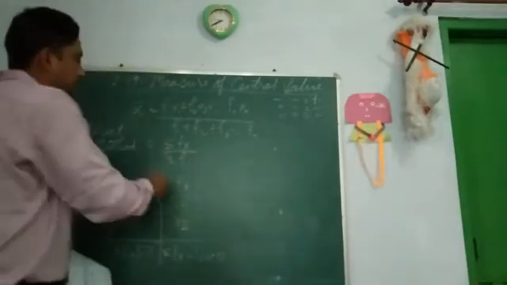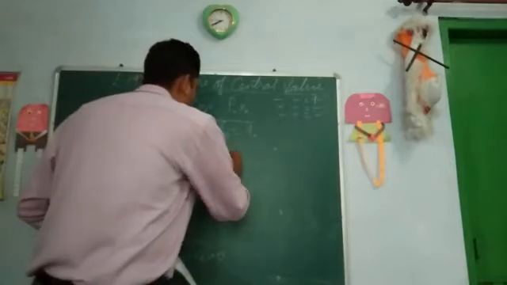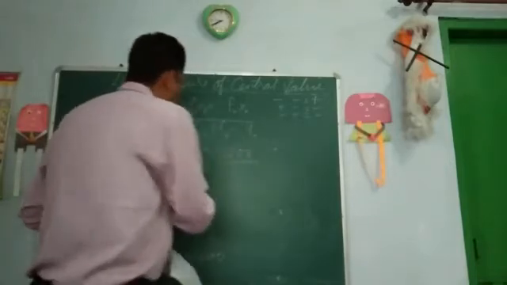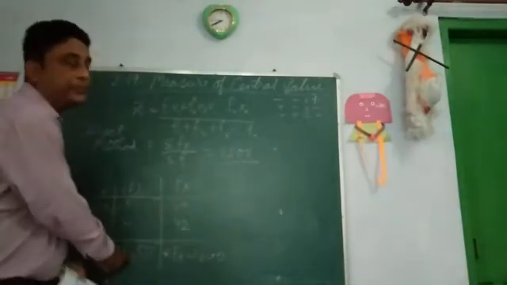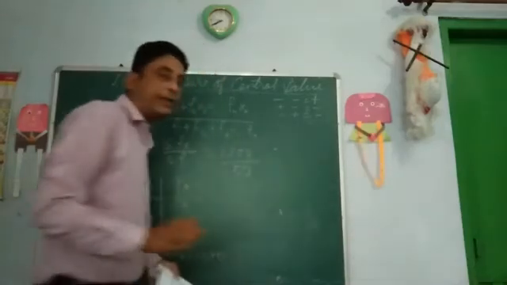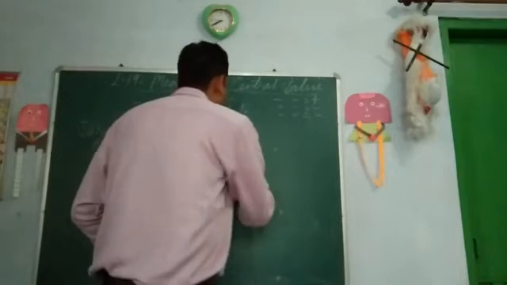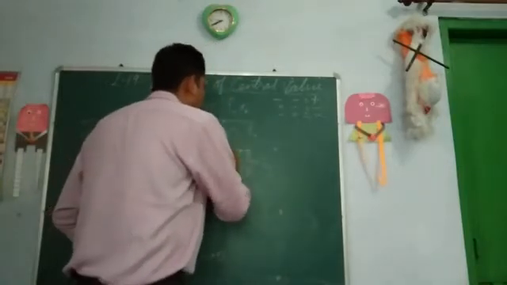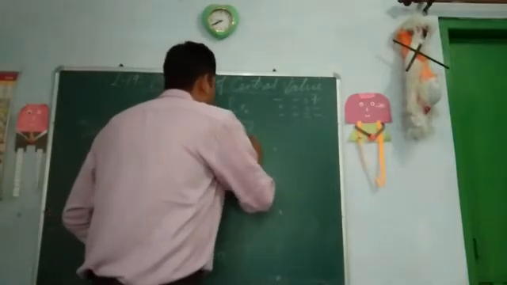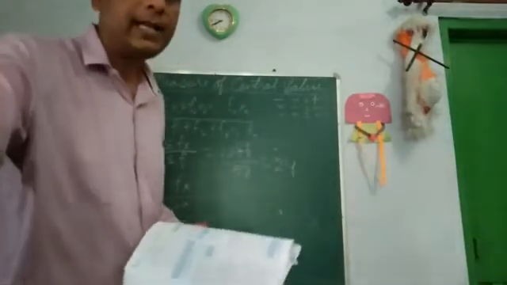So when you put this into the direct method, the sum of fx is 1200 divided by the sum of f, the sum of all the frequencies, which is 50. What does it come to? 24. 24 is the answer.